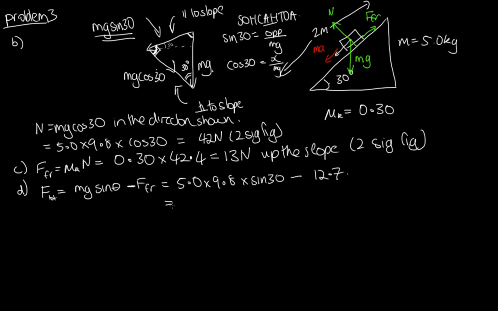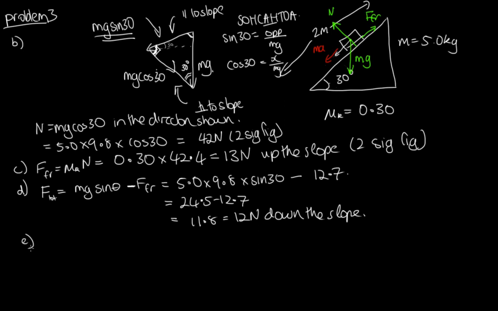We'll get it back to 2 at the end of this part of the question. So this is equal to 24.5 minus 12.7, which gives us 11.8, which is equal to 12 newtons down the slope. So that's equal to that ma there.